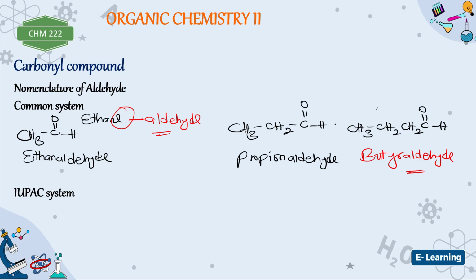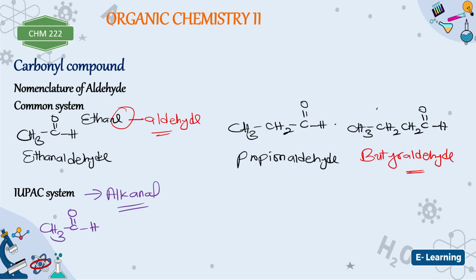Then if you now come to the IUPAC nomenclature, that is when you have it called the alkanal. So this compound you see here, in the IUPAC nomenclature, you call it ethanal.